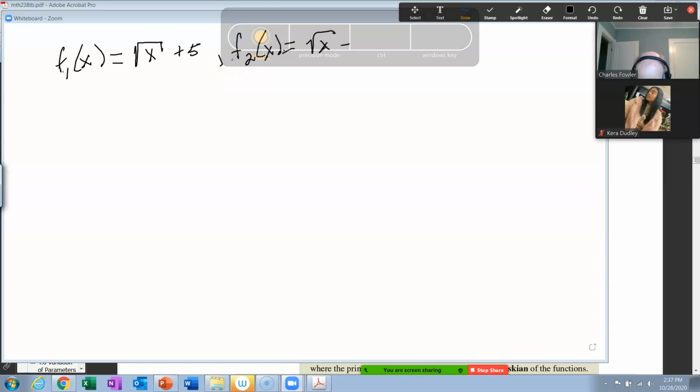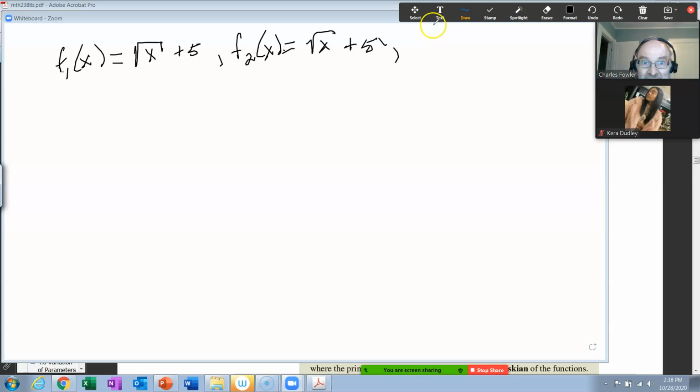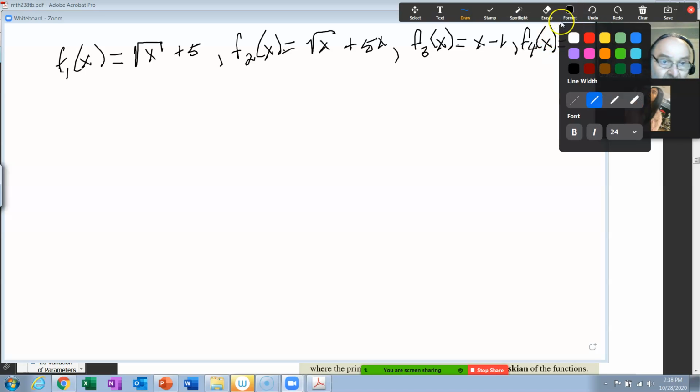This thing is so aggravating. Okay, the square root of x plus 5x. The f3 of x is equal to x minus 1, and f4 of x is equal to x squared.